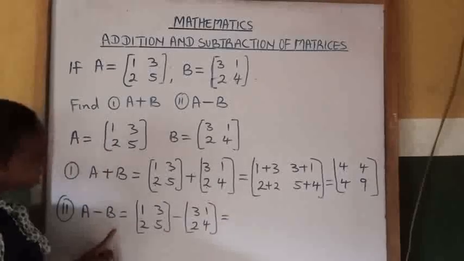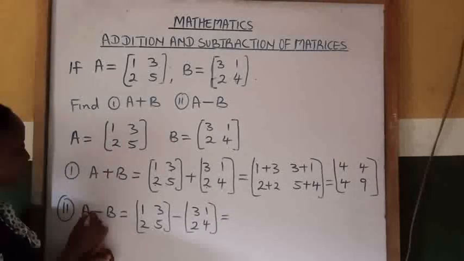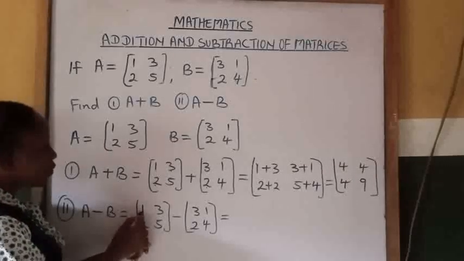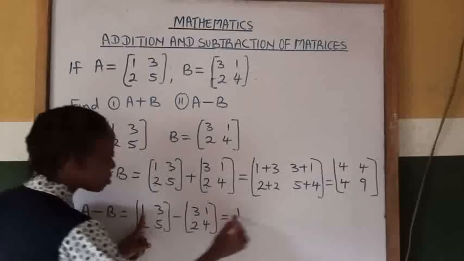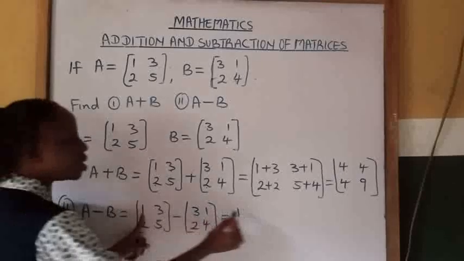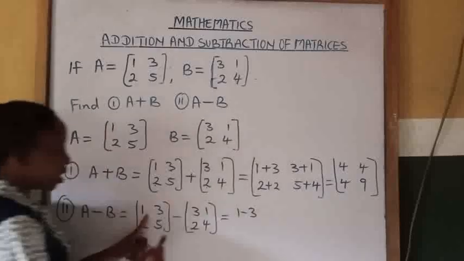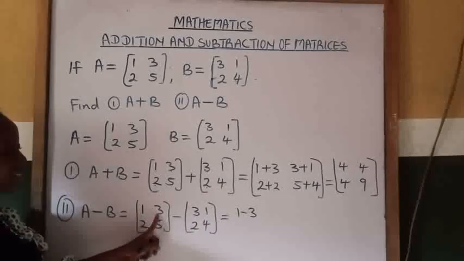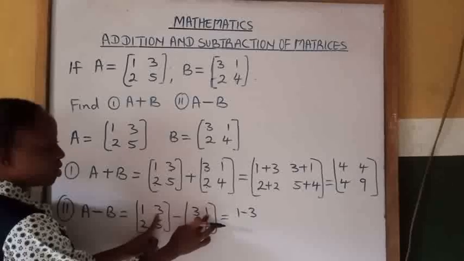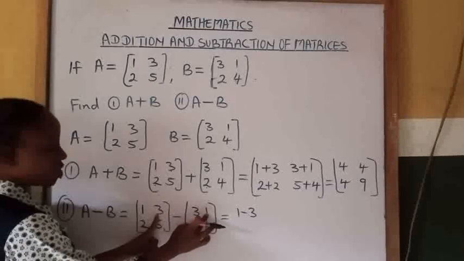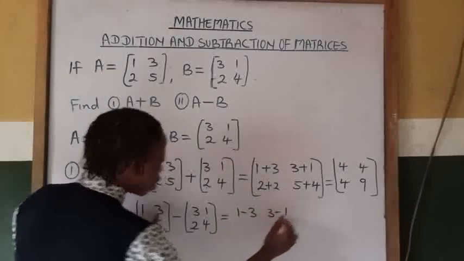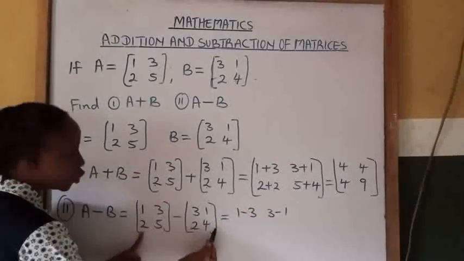So let's subtract. Since we want to subtract, the sign is minus. The first element from the first row is 1, and the first element from the second matrix is 3, so 1 minus 3. Then the second element here is 3, minus the second element from the second matrix, so that is 3 minus 1.